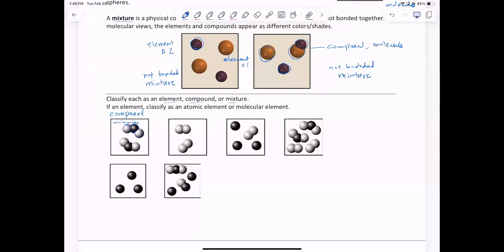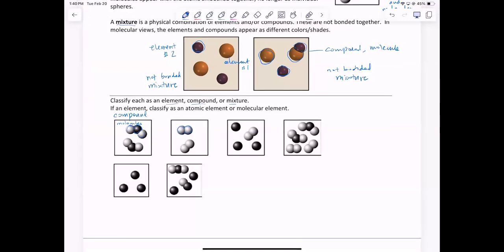So when you've got these 2 atoms bonded together, the same color, this is called a molecular element. So first of all, it's an element that is one type of element, one color, and these are molecules when they're smushed together. Okay, so a compound is when you have 2 different colors.